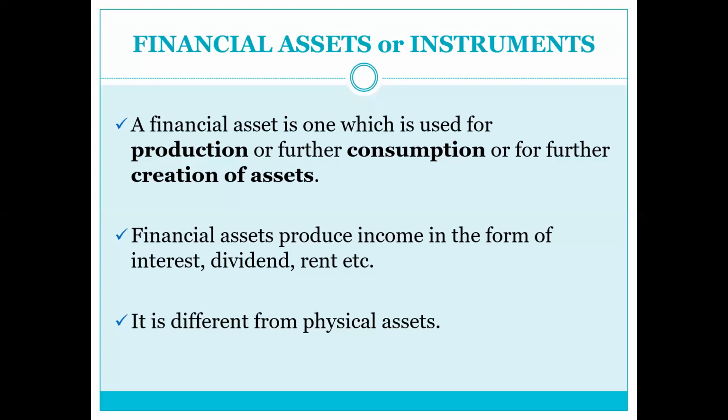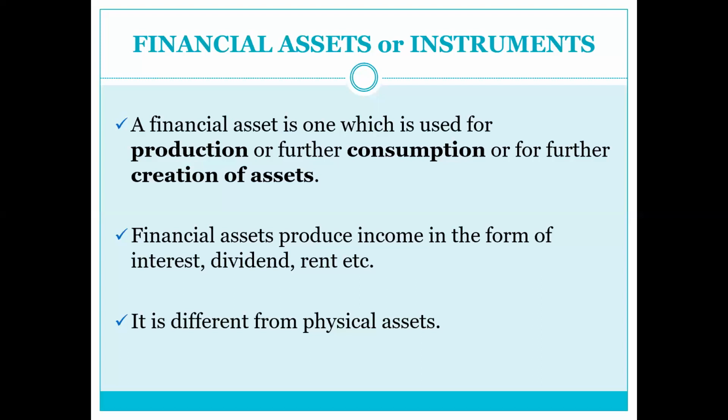So, coming to the second component of financial system, the second one is financial assets, also known as financial instruments. So, let's see what are financial assets or instruments. A financial asset is one which is used for production or for further creation of assets.